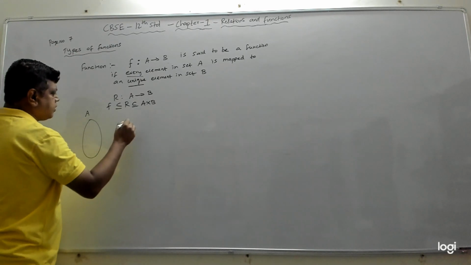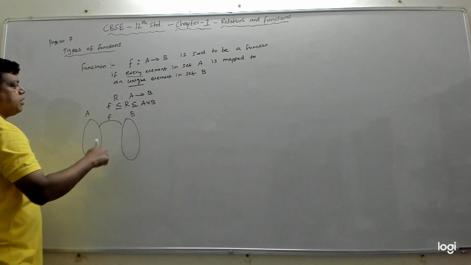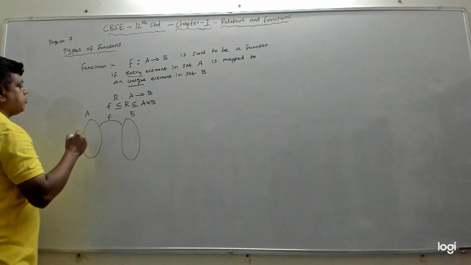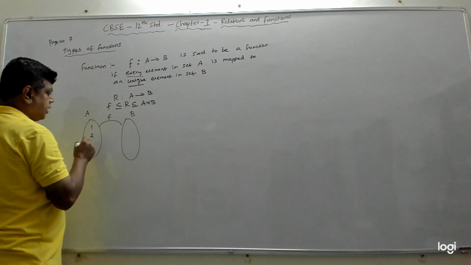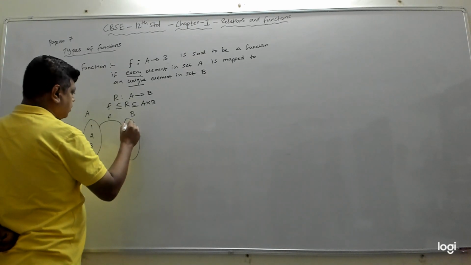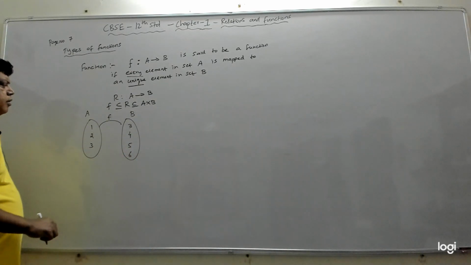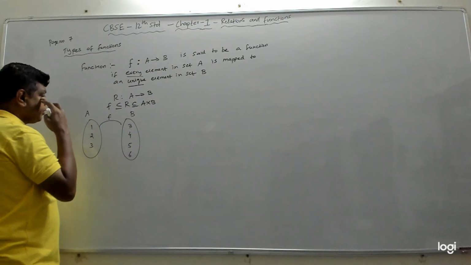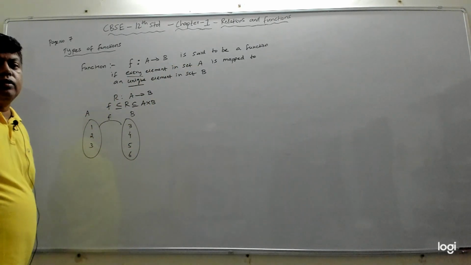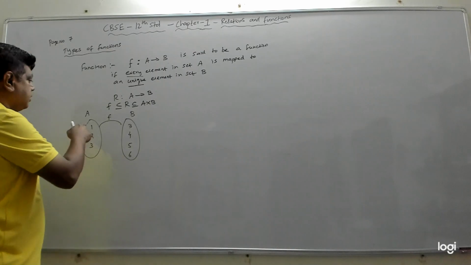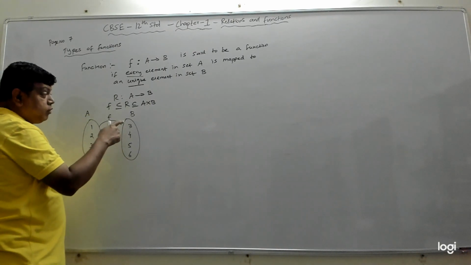This is set A and this is set B, and f is a function from set A to set B. Suppose we have 1, 2, 3 as the elements of A, and 3, 4, 5, 6 in B. As per the definition of the function, every element in A should be mapped to a unique element, which means only one element in B.